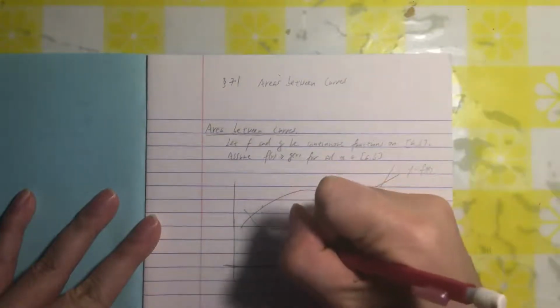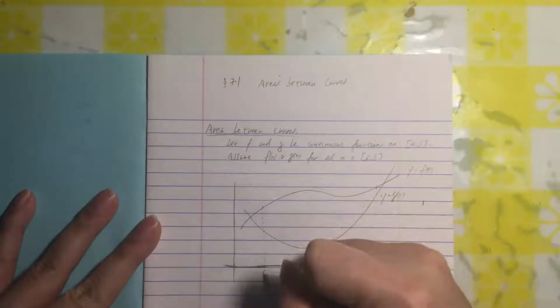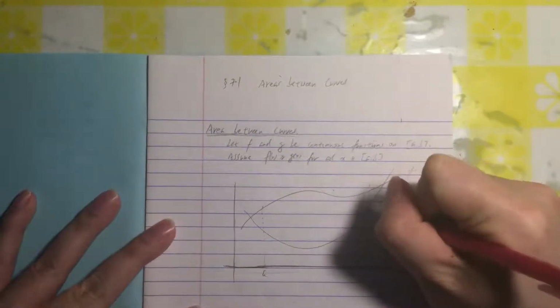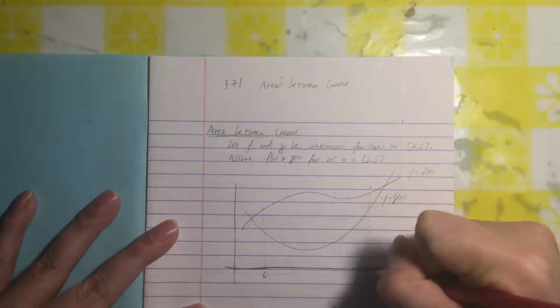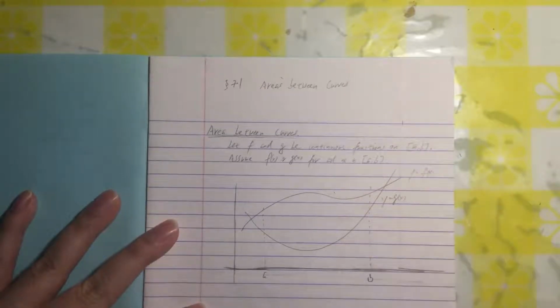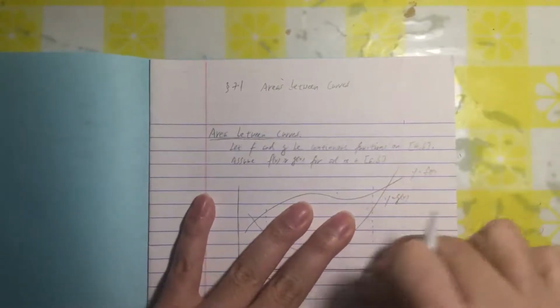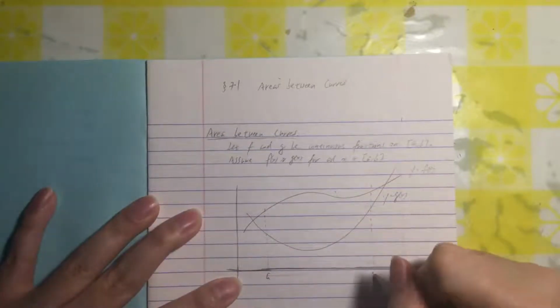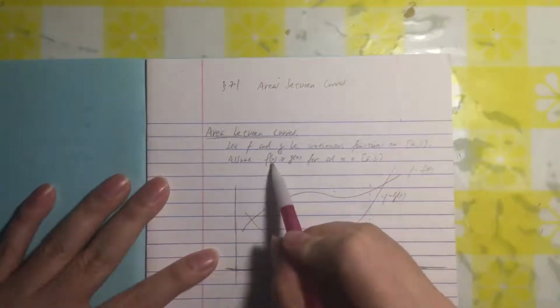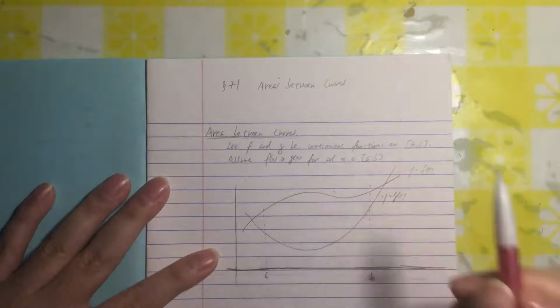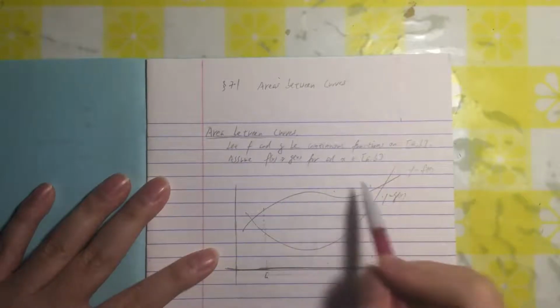Assume that's a, that's b. Here we can see that f of x is greater or equal to g of x for all x on the interval from a to b.